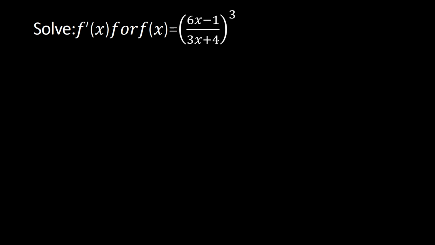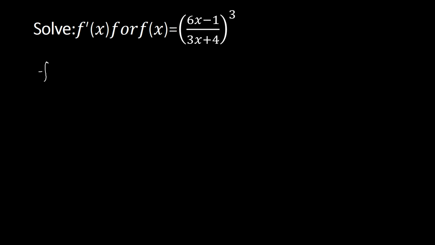Next, let's have our f of x equal to the quantity 6x minus 1 over 3x plus 4, raised to the power of 3. There are two rules combined here: the power rule and then the quotient rule. The first one that we are going to do is the power rule, because that is our outer function.